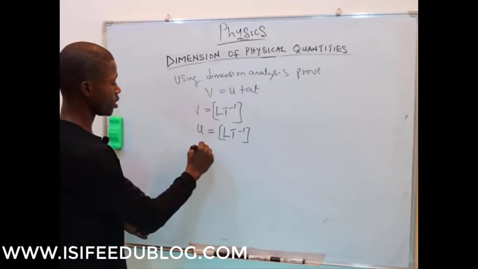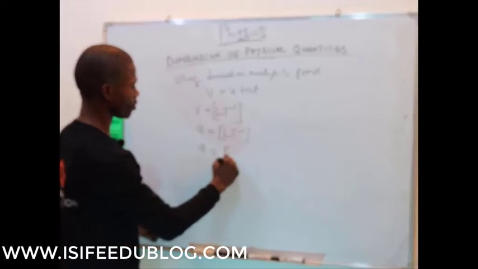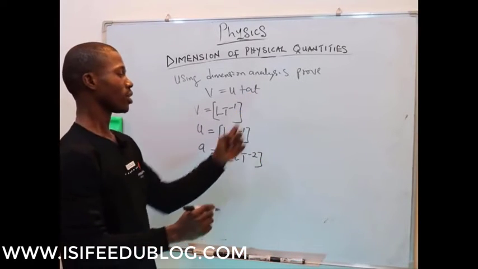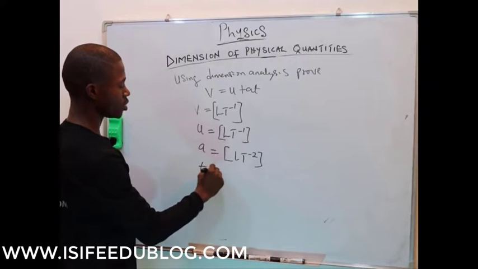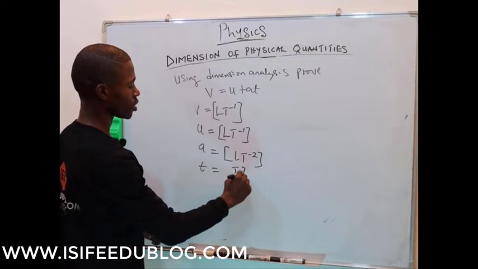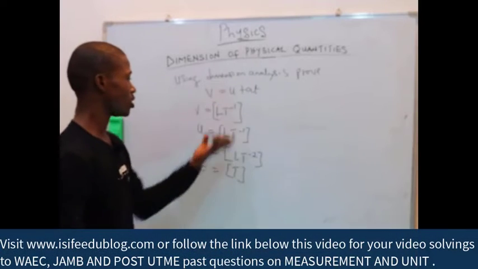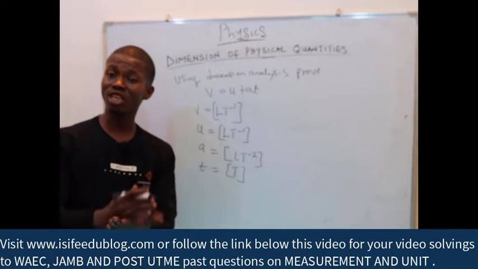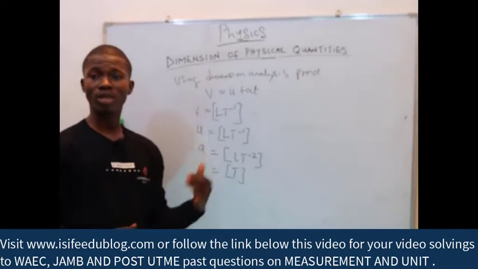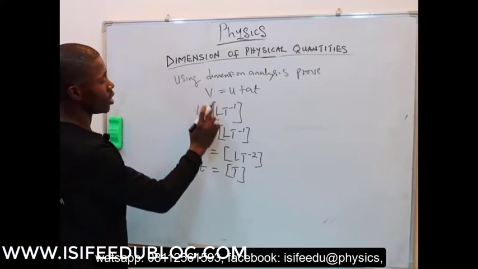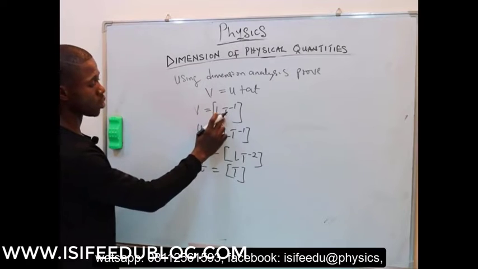Acceleration, this A, has a dimension of LT minus 2. And our time has a dimension of capital T. All you got to do now is substitute all these inside your formula and check the validity, the accuracy of your formula. So this V is equal to this.